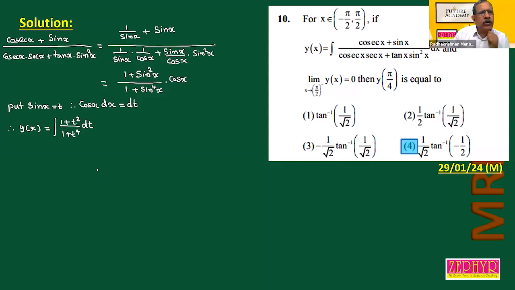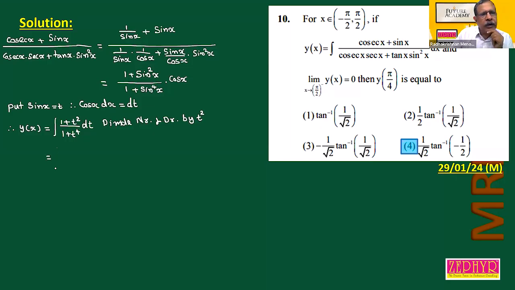So how to integrate this expression? The method is very simple: divide numerator and denominator by t squared. That method should come into your mind.